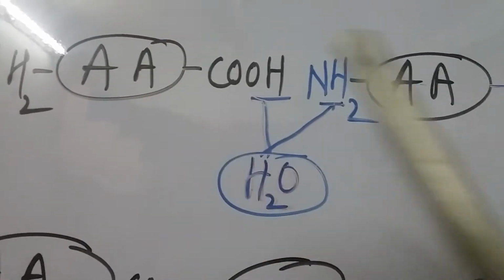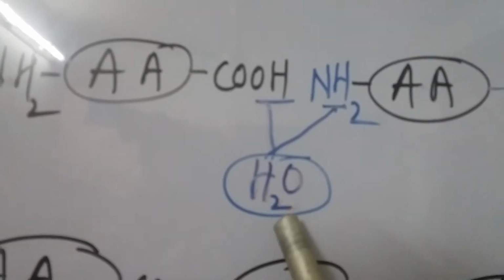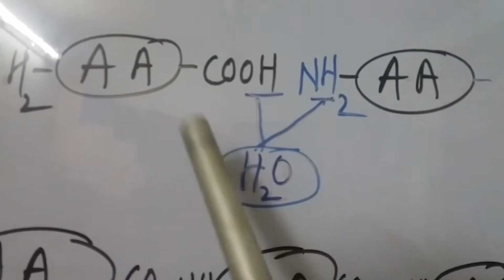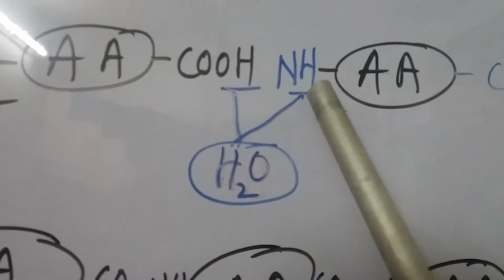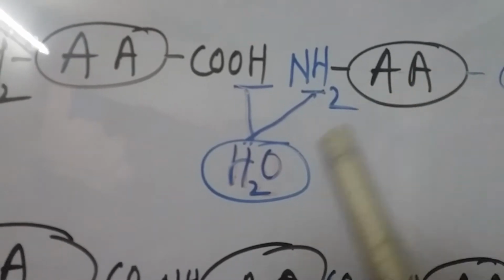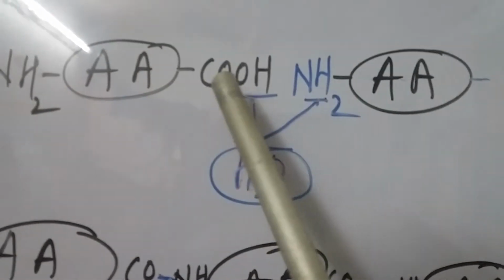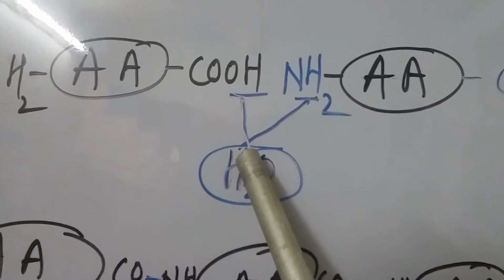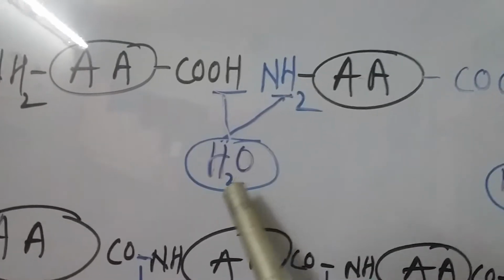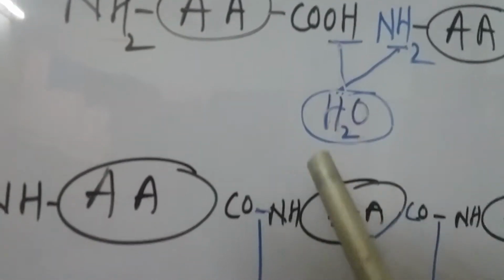So two amino acids condense by the removal of a water molecule, by giving the hydroxyl group from the carboxyl group of one amino acid and the proton or hydrogen from the NH2 group of the other amino acid. Likewise one water molecule is released. What happens after the release of the water molecule?